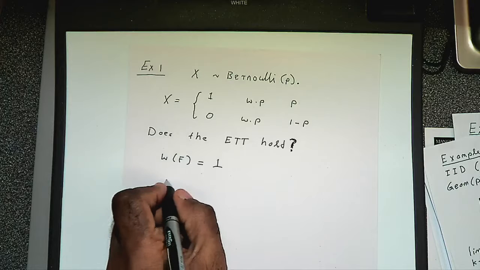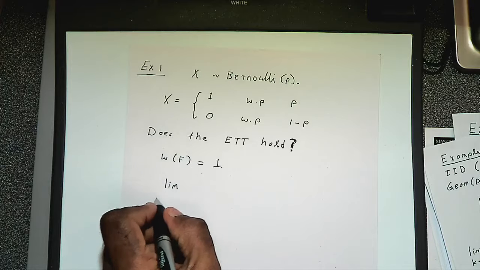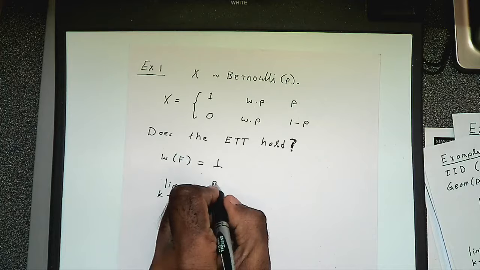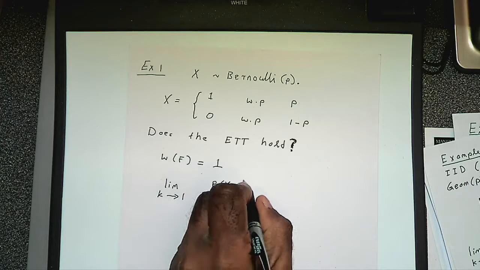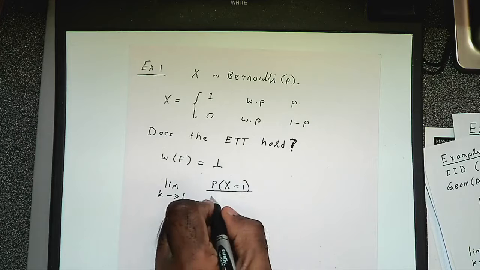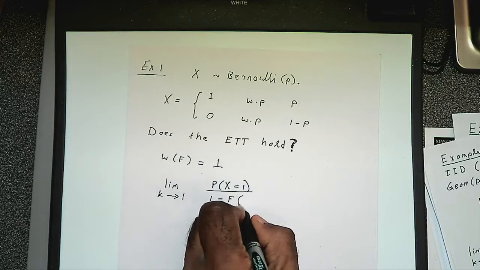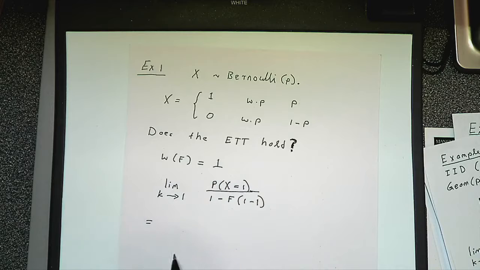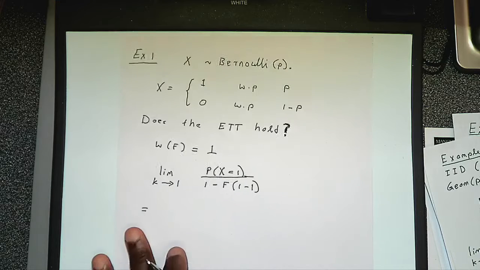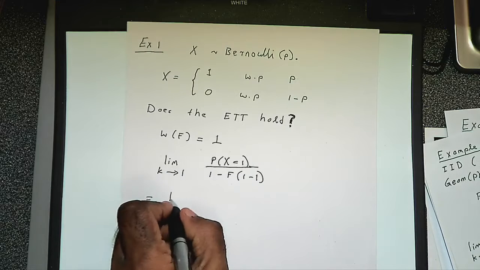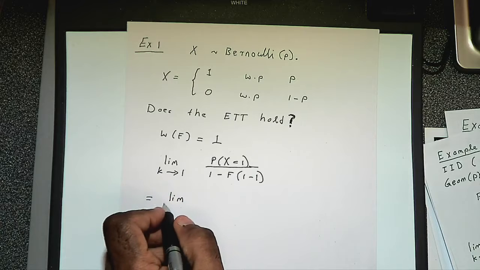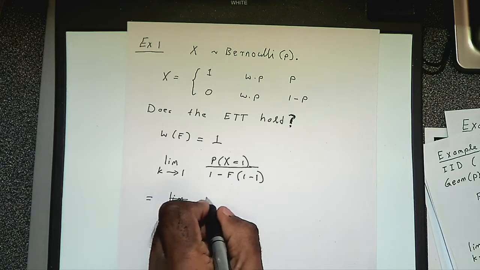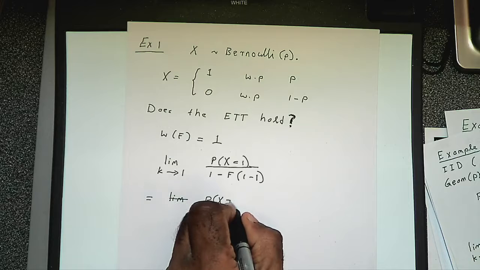You follow me? So this is as k approaches 1, you don't need the limit anymore. This is just the probability X equal to 1.